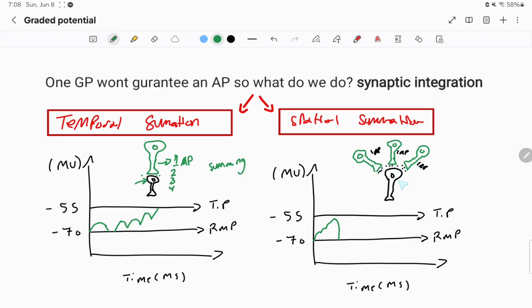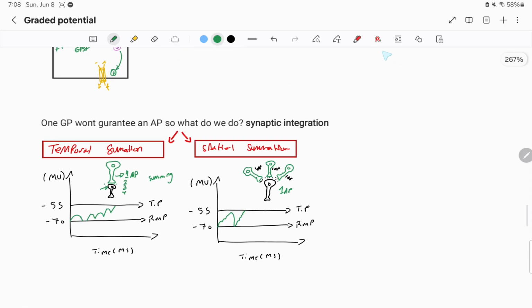Now, we don't know what that number is, but I can tell you there'll be more neurotransmitters here than here, because these are three against one. So this neuron would definitely reach threshold potential before this neuron does. If they launch one action potential again each, maybe it'll be strong enough to get us to threshold. Those are the two types of summation that can occur.